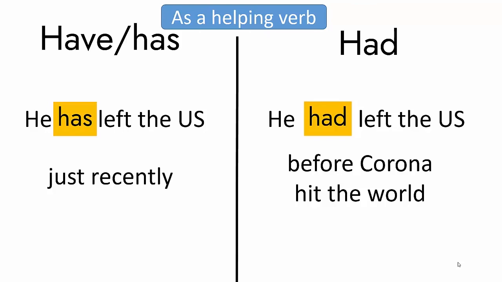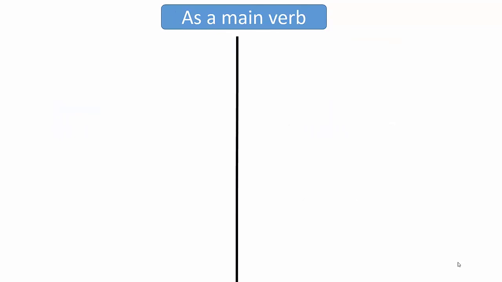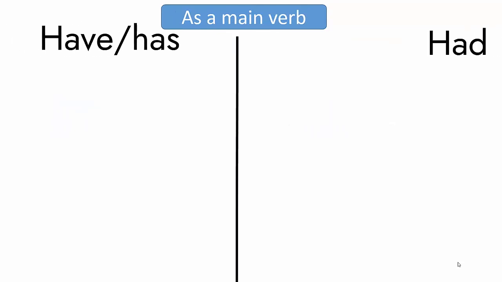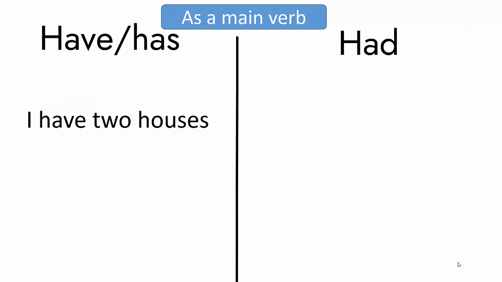And as a main verb, have or has and had, the meaning again changes according to the situation. I have 2 houses and I had 2 houses. So I possess 2 houses. I possessed: earlier I had, but that means now I don't have.